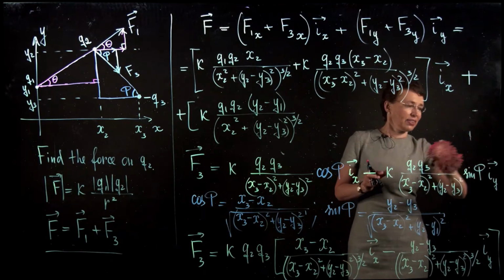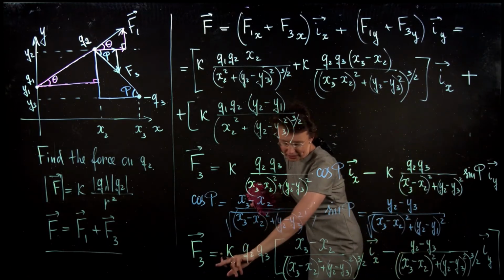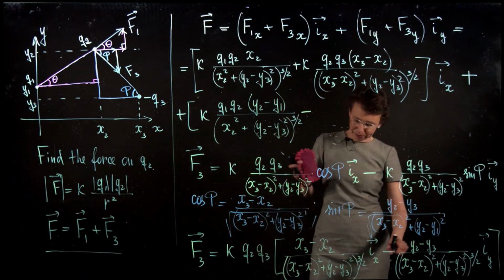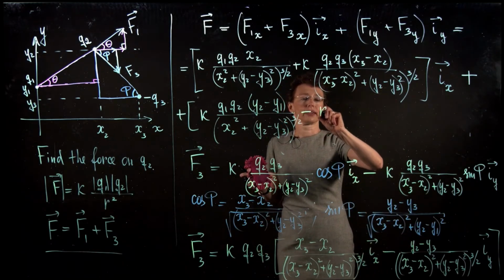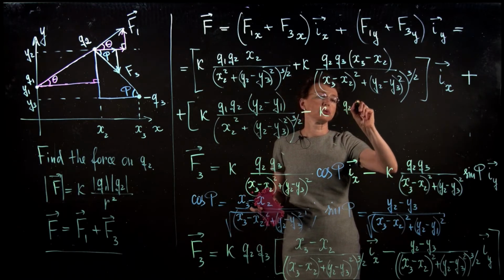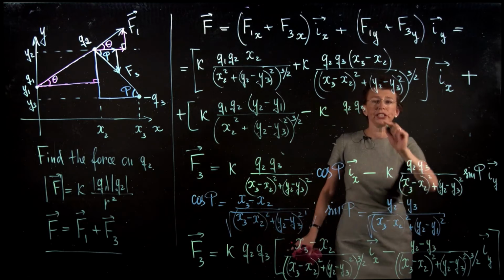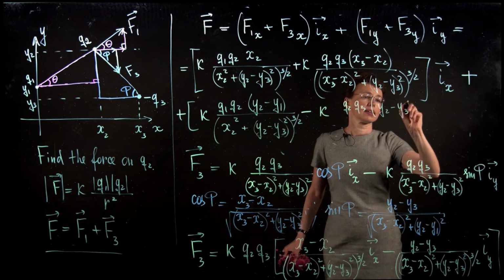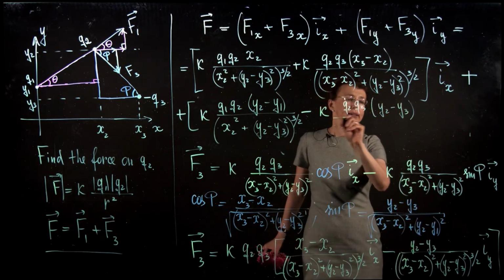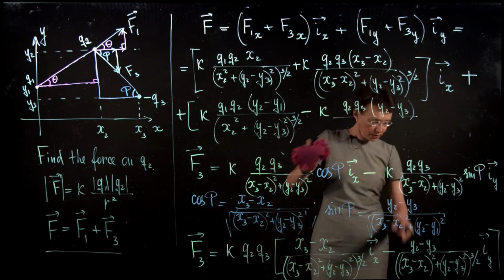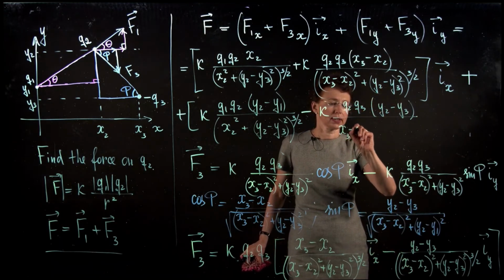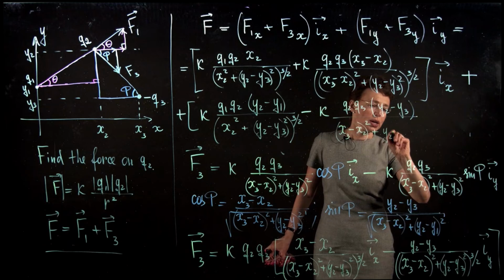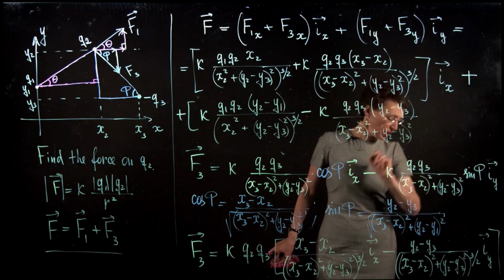And then I need F3y, which is negative. So I put minus. And then k q2 q3, y2 minus y3, and divided by x3 minus x2 squared plus y2 minus y3 squared to the 3/2.